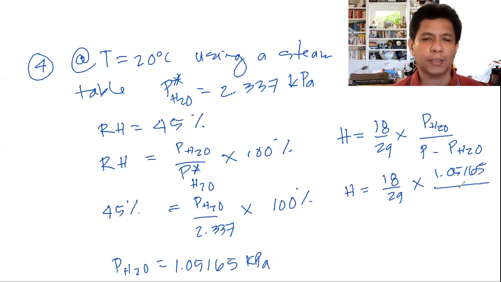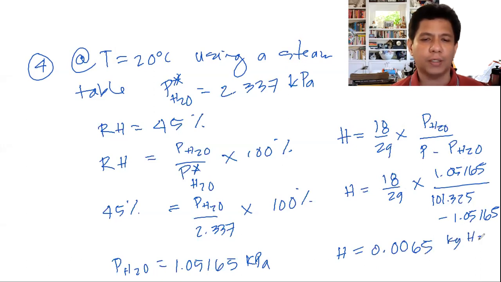This is in kilopascal. So, ang gagamitin natin pressure is 101.325 minus 1.05165. So, you're supposed to get something like 0.0065. Unit nito ay kilogram water per kilogram.